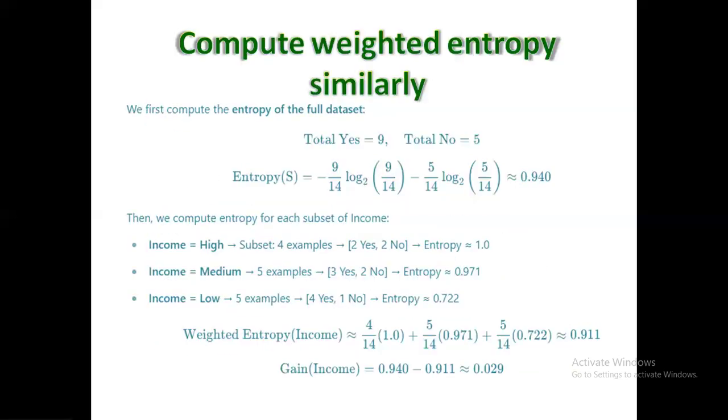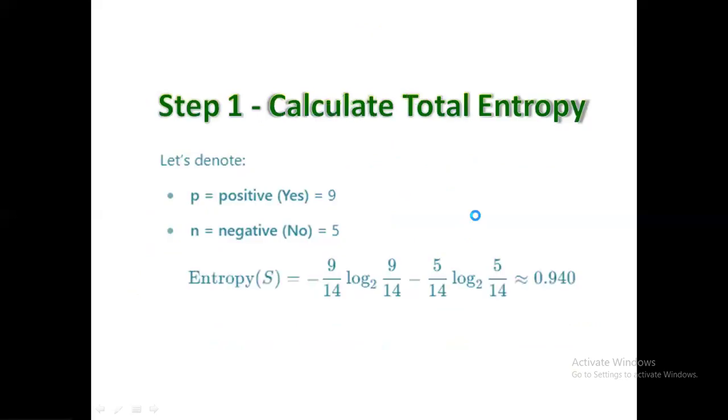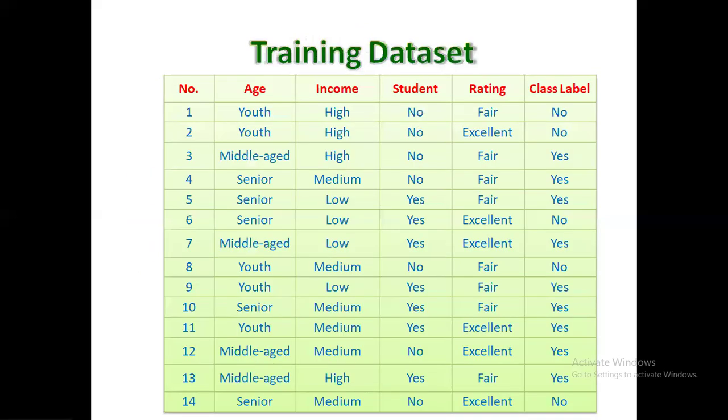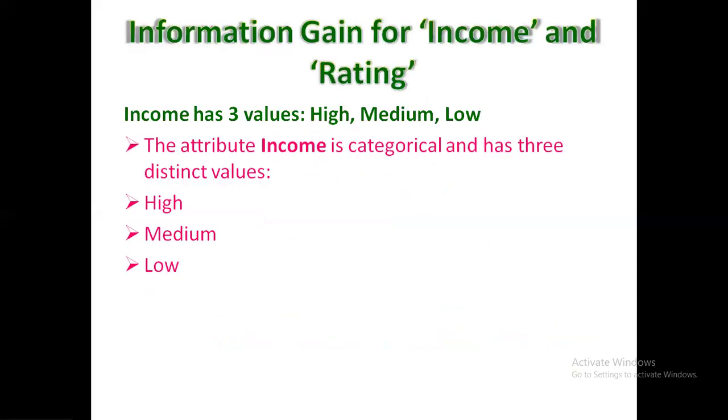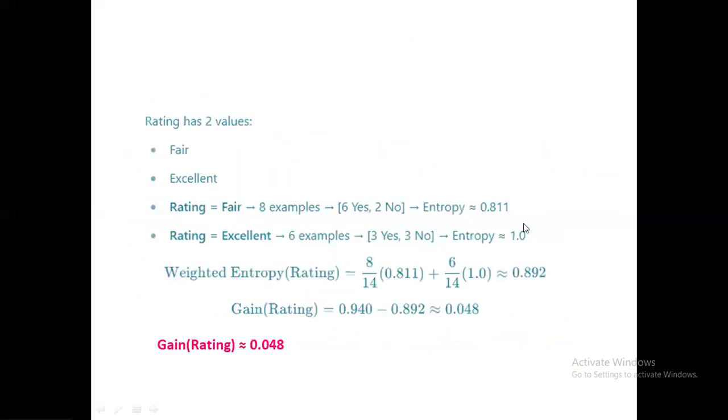Similarly, for the other attribute, rating has two values, fair and excellent. Rating of fair, 8 examples, 6 yes 2 no, entropy 0.811. From this table you have to analyze it and read it thoroughly, or keep it in front. I know this, so I have directly solved this problem. Rating excellent, 6 samples, 3 yes 3 no, entropy is 1.0.